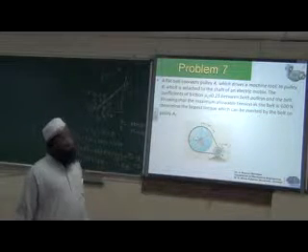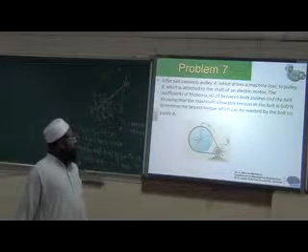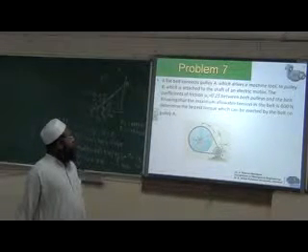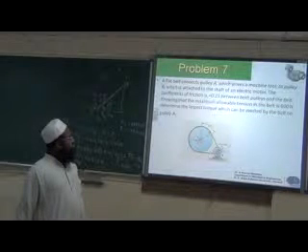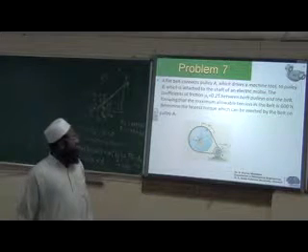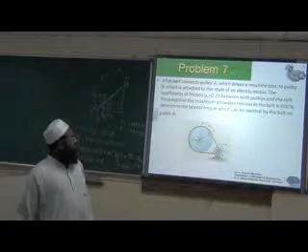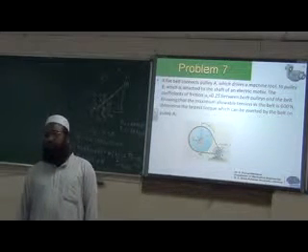Here it is given 1 meter, the smaller one. This angle is given as 60 degrees. So it will be 180 plus 60. Total angle of lap you can see from here. Angle of lap for this pulley will be 180 plus 60, 240.